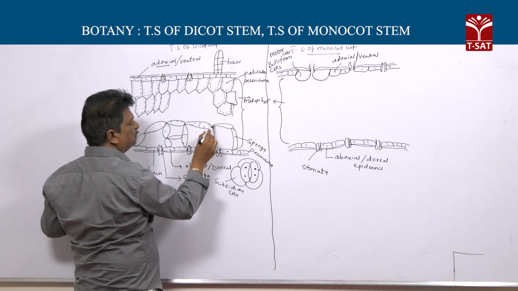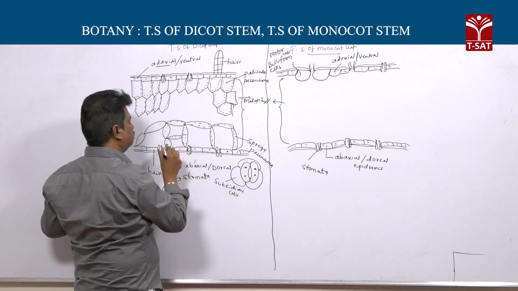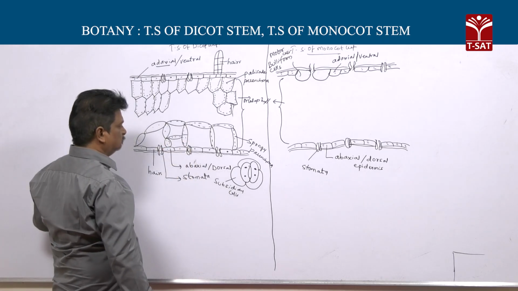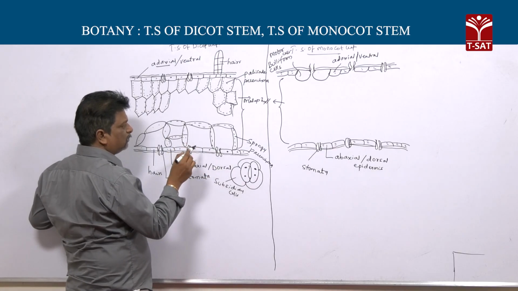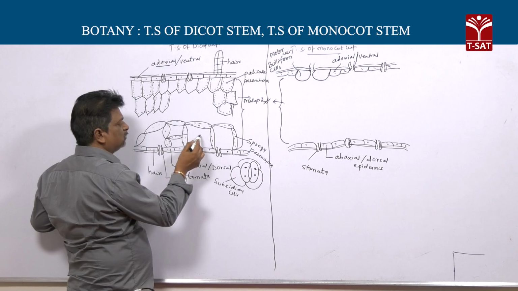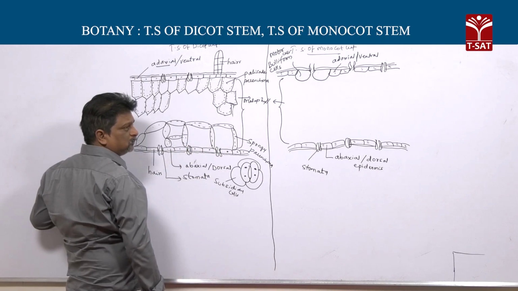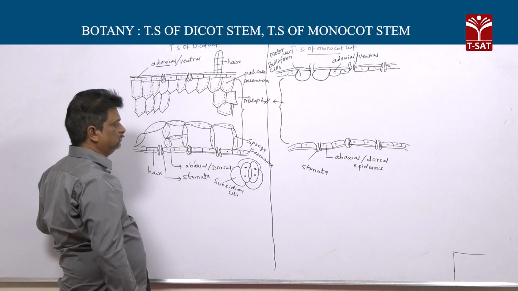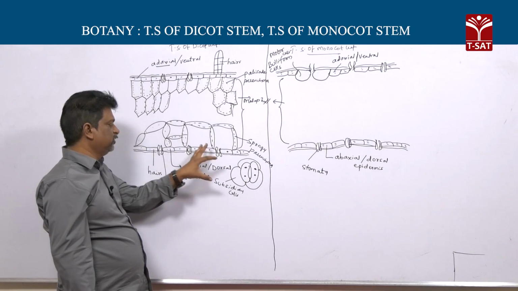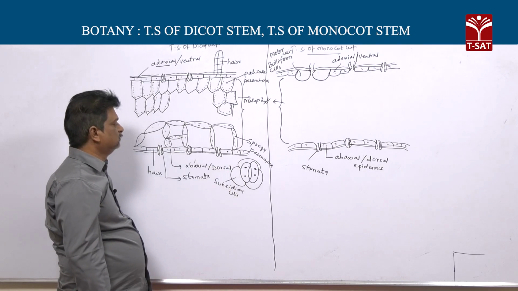So the lower side is light green. The main function of sponge parenchyma is storing air, or it acts as ventilating tissue. Along with aeration, it performs photosynthesis.